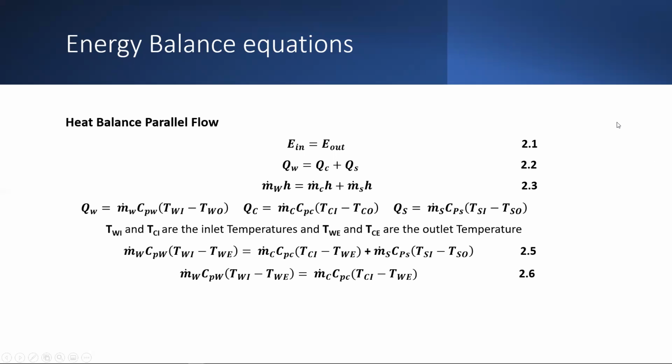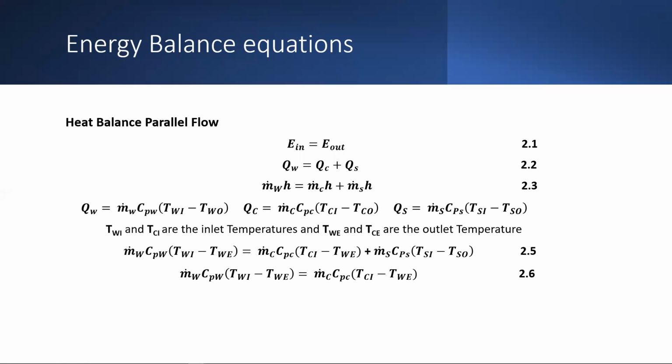In 2.4, we have QW equals m dot W Cp warm, TWI minus TWO, which is the warm side. QC is for the cold, and QS is for the surrounding. The enthalpy can be equal to the specific heat times the delta temperature for each of the warm, the cold, and the surrounding, as shown in equation 2.5.